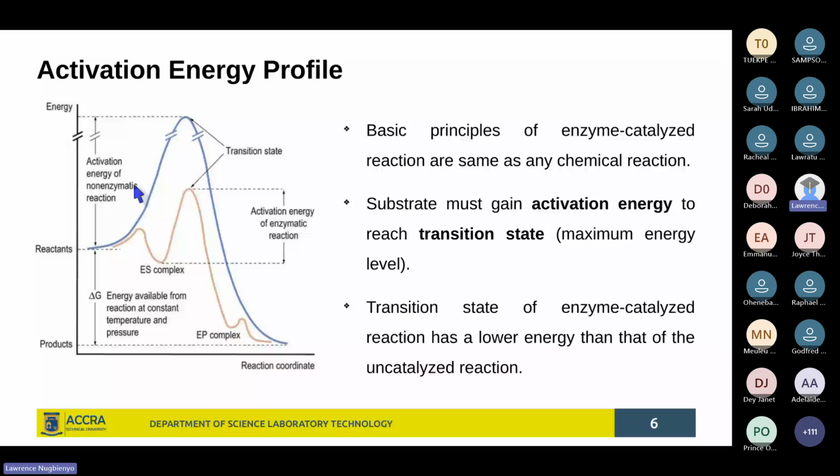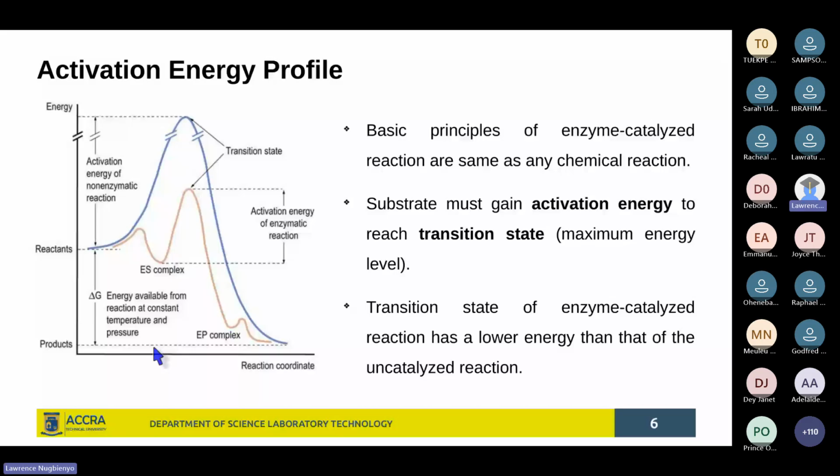So the reactants will have to be activated to a higher energy level, what we refer to as the transition state. And then in that transition state, these two substances, being unstable, react and form new products, which are different substances, which will then have an even lower energy. So you see the product is at a lower, more stable energy level.